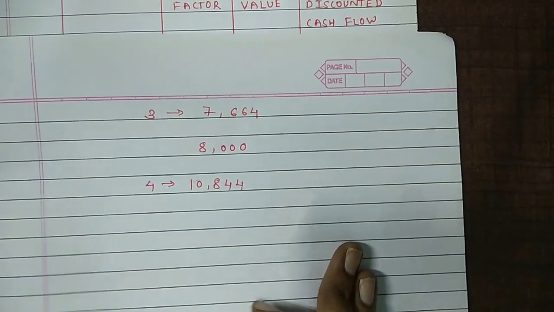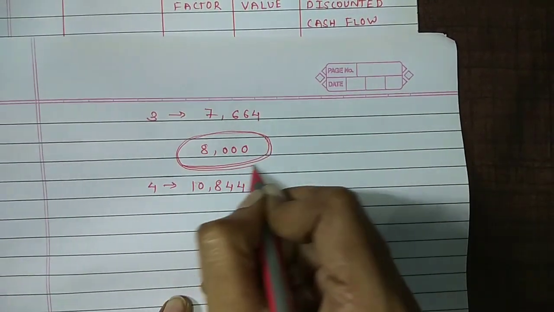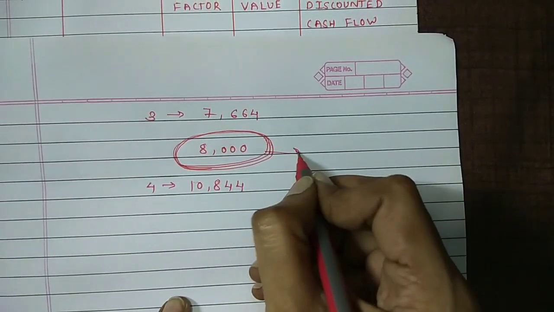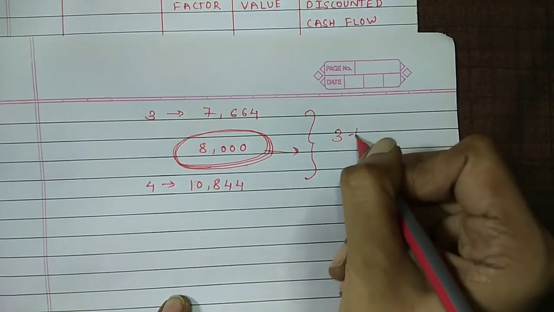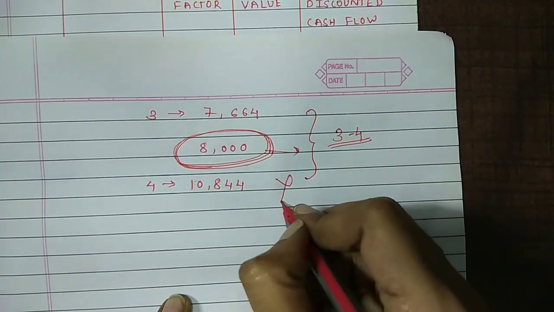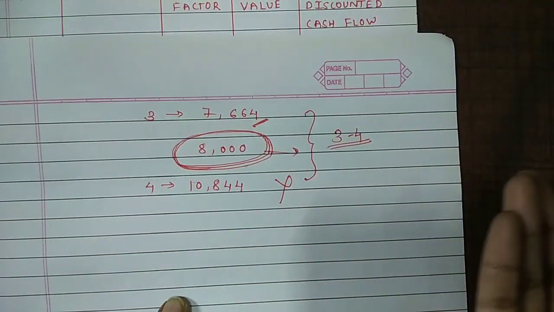So now we have to calculate how much time it takes to recover this 8,000 rupees. Definitely that time period is in between 3 to 4 years. It is not completely 4 years, but it is 3 years and something extra.